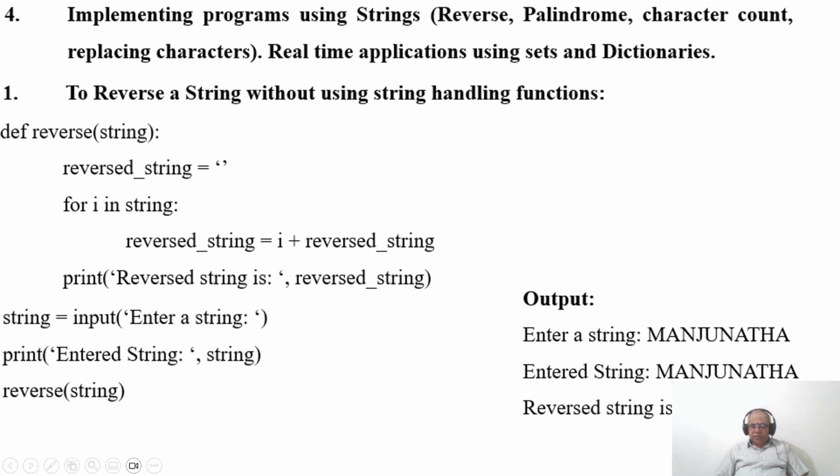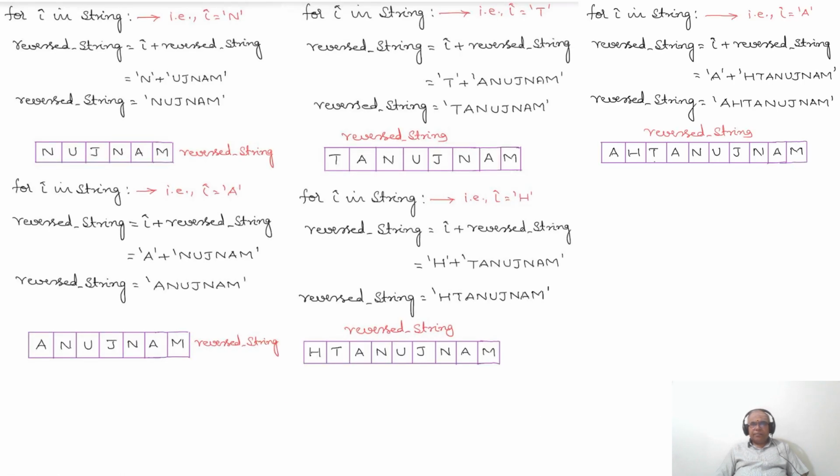So this is how you execute the program. Manjunatha is the actual string we have entered. You can see Manjunatha when you read the reverse string in the reverse direction.